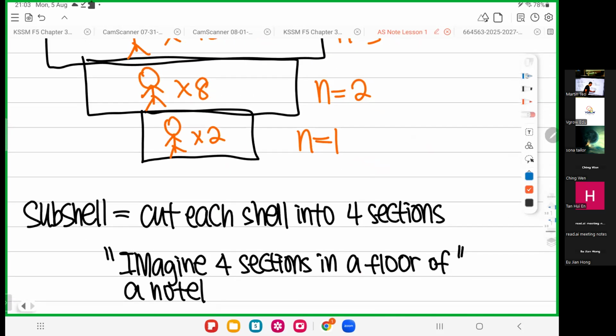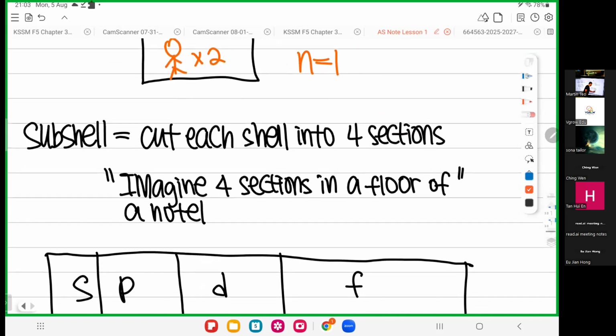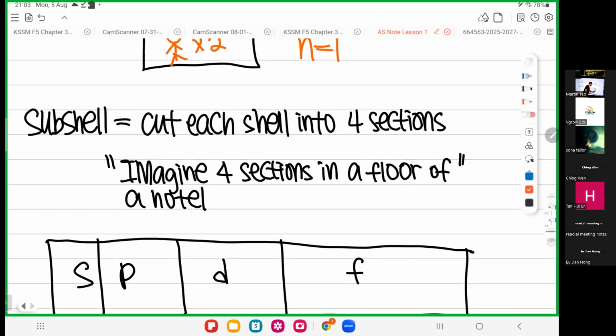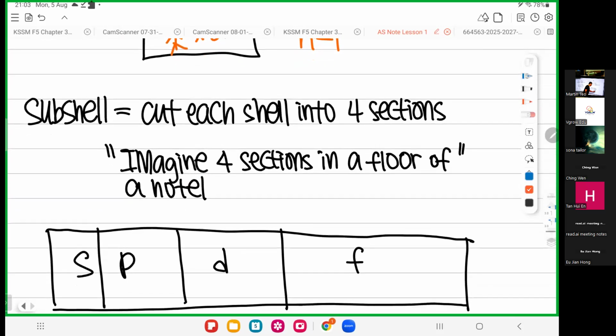So imagine 4 sections in a floor of a hotel. These 4 sections have a special name. We call them SPDF. You must use these 4 letters. Cannot use other letters, not A, B, C, D. Must be SPDF.